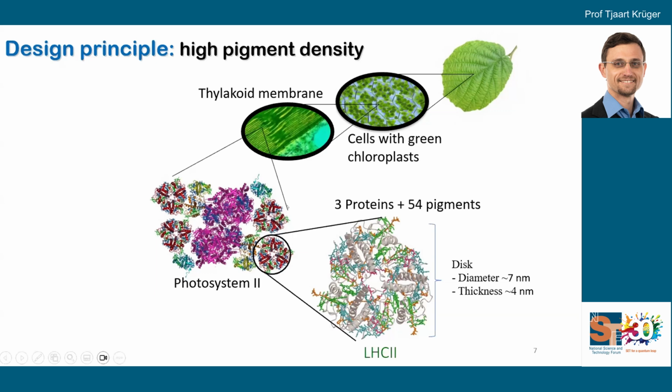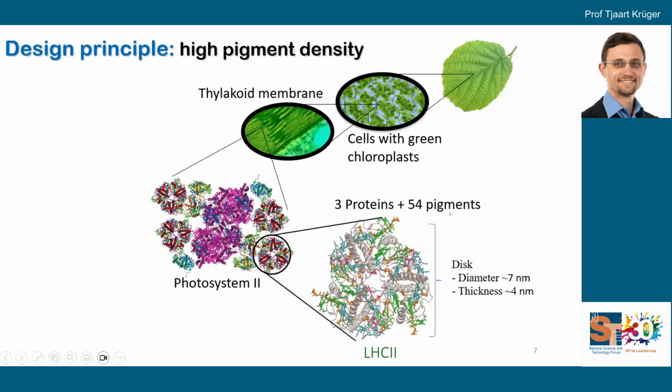Here's an example of photosystem 2, and one antenna system of this is called light harvesting complex 2, the main light harvesting complex of plants. Its shape is like a disc with a diameter of about 7 nanometers and a thickness of about 4 nanometers. And now imagine packing 54 pigments into this small space.